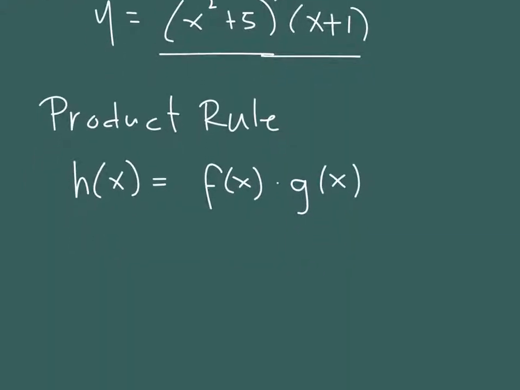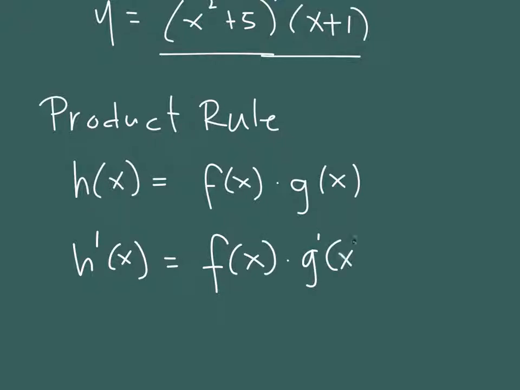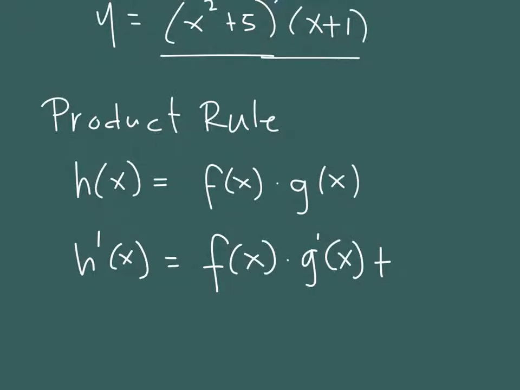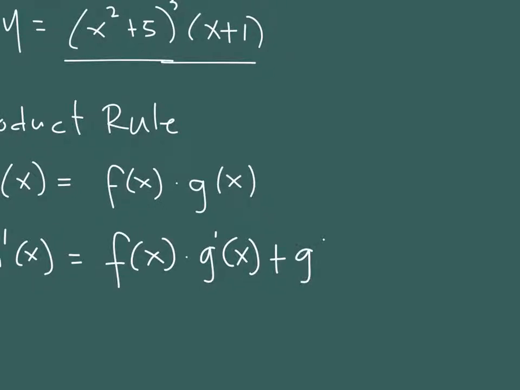Now note, if we are going to write the derivative and the function is written as h of x, we use the symbol h prime of x, right? The rule is we copy the first and then get the derivative of the second, plus we copy the second and then get the derivative of the first.